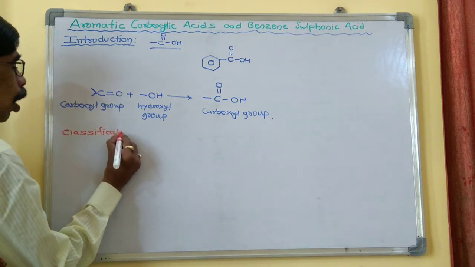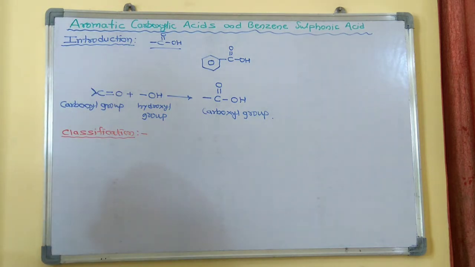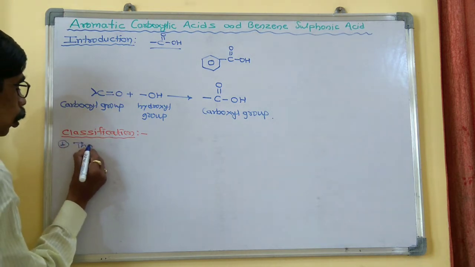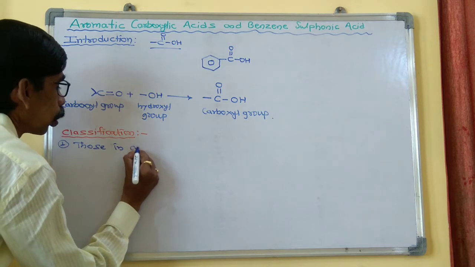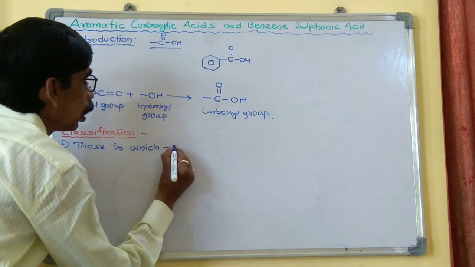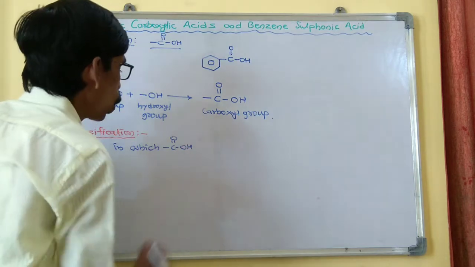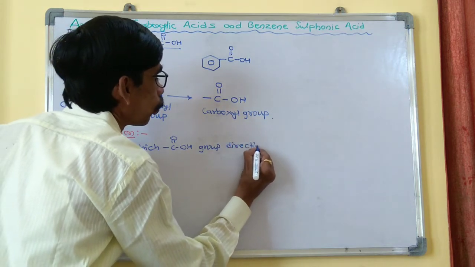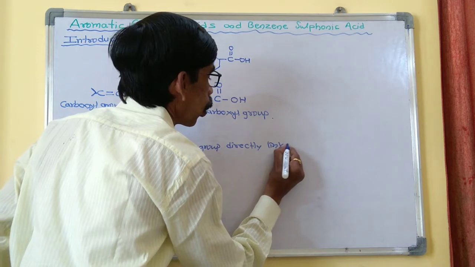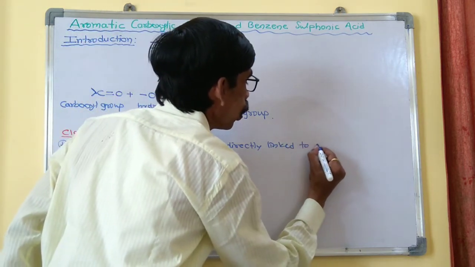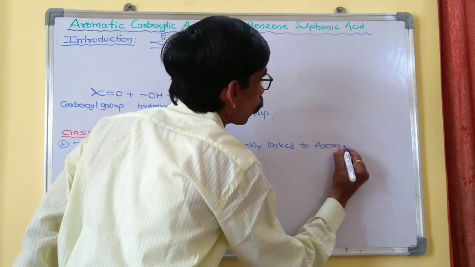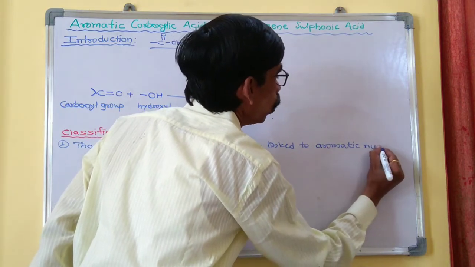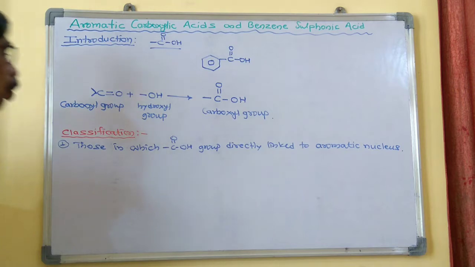Classification number one: those in which the COOH group, that is the carboxyl group, is directly linked to the aromatic nucleus. This is the one type of classification.